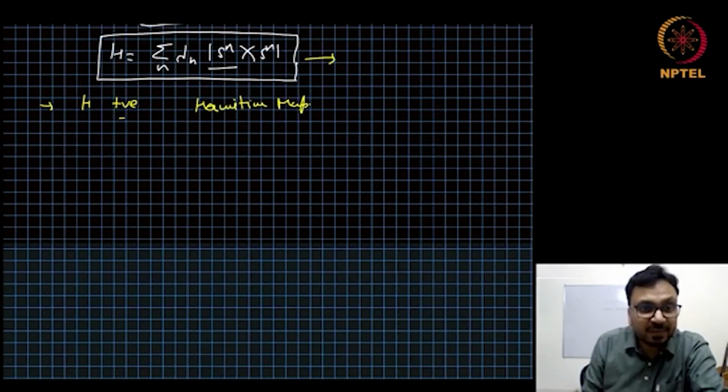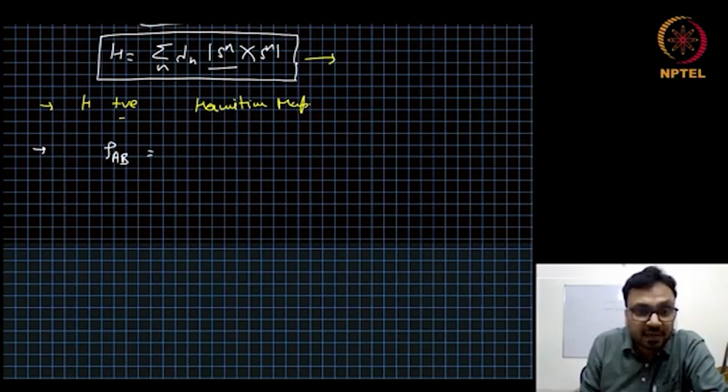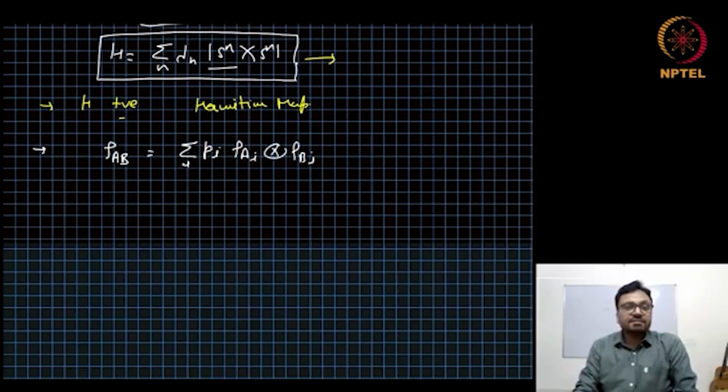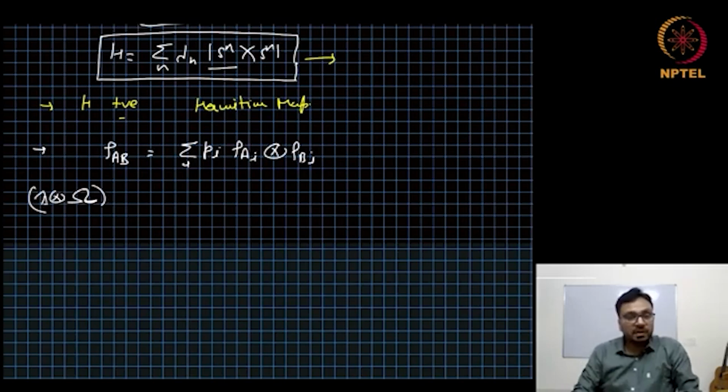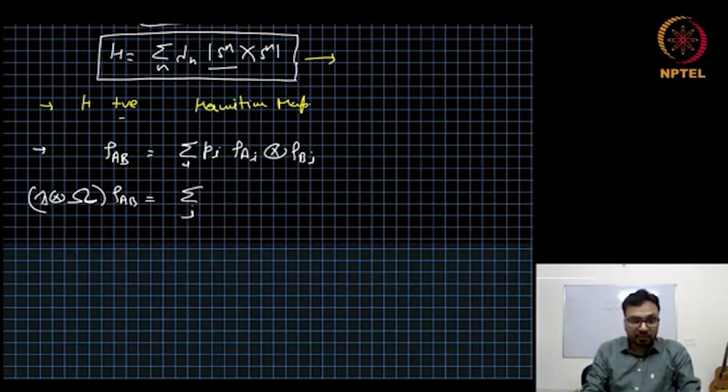One application of the positive maps is the following. If we have a bipartite state rho AB, and it's written in the form sum over i, pi, rho Ai tensor rho Bi, that is, if we have a bipartite density matrix which is written in that separable decomposition, then a positive map omega acting on a subsystem, let us say B subsystem here, will give us the following: sum over i, pi, rho Ai tensor omega of rho Bi.